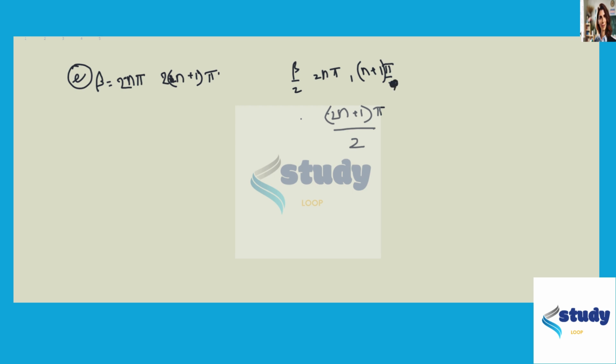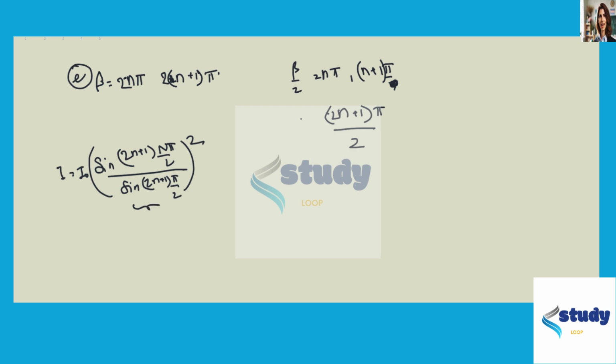I'm sorry, there is no 2 here. Now, at this value, we know that the intensity will be I naught times sine 2m plus 1 n pi by 2 divided by sine 2m plus 1 pi by 2, whole square.